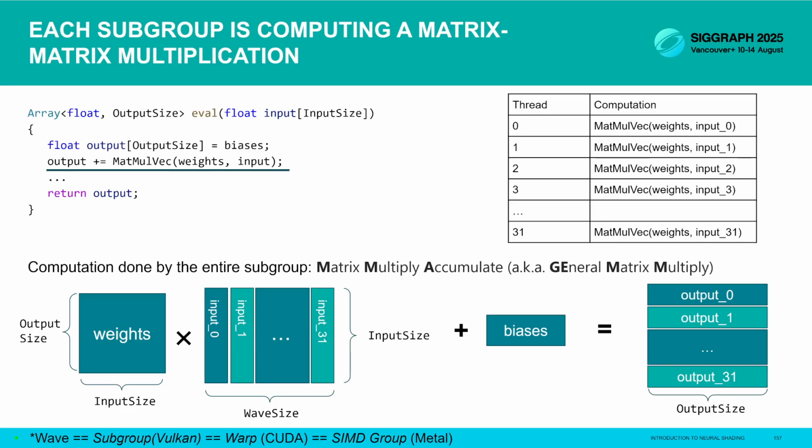So when all threads are computing the same eval function here, the GPU as a whole is effectively computing a matrix multiply followed by an element-wise add. This operation is called matrix multiply accumulate, MMA, also referred to as general matrix multiply, or GEMM.